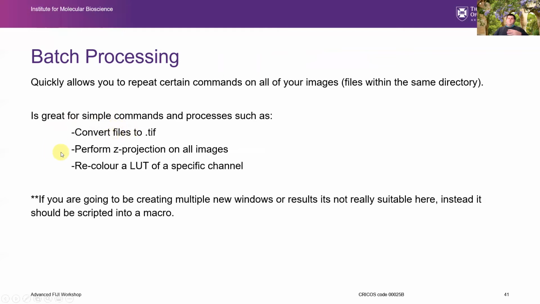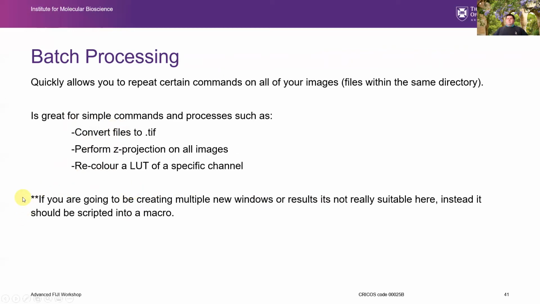If you just want to perform a Z projection on all the images, you could do that in the batch processor. Maybe you want to recolor all of your images to a certain LUT, or change channel 1 from being red to being magenta and channel 2 from being green to being cyan. You could do that using a batch processing tool.